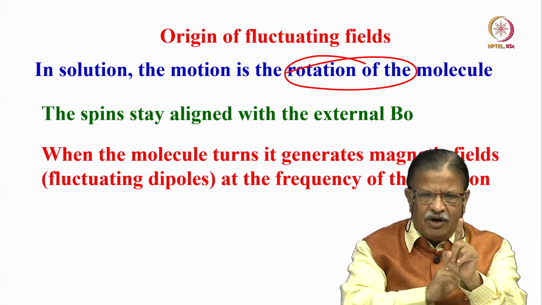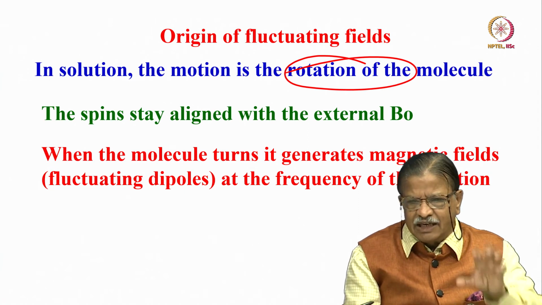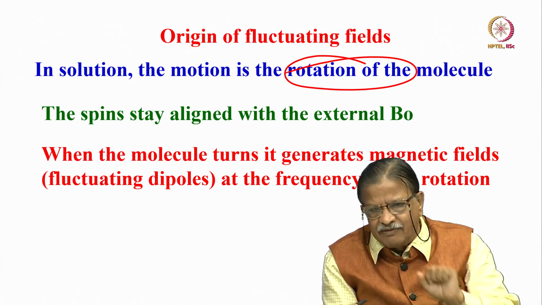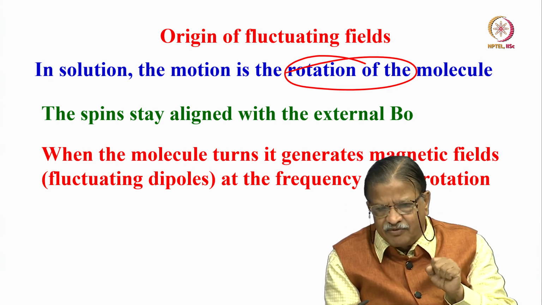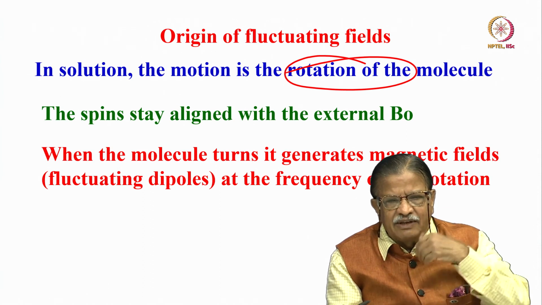When one spin keeps on rotating, it changes the dipolar field at the site of the other spin. As a consequence, the fluctuating field produces frequencies at the Larmor frequency, enabling the spins to give energy to the lattice.